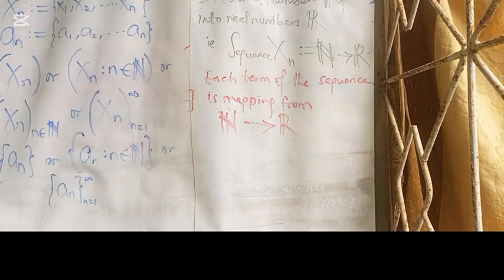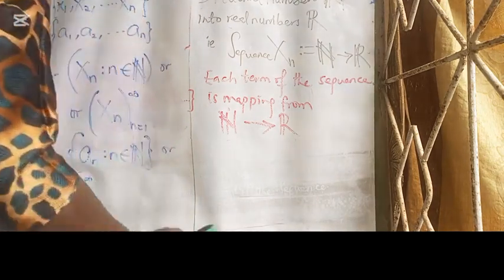However, the best way to define a sequence is by writing down the general rule or general term for that sequence. Let's look at the following examples of sequence.